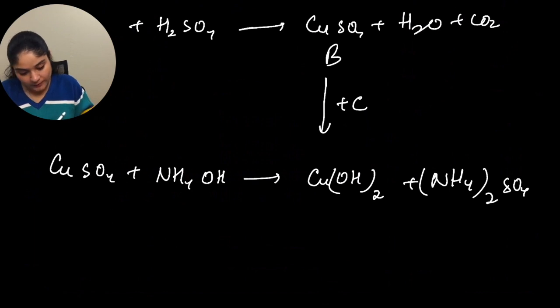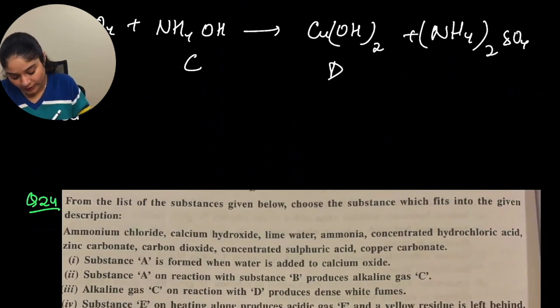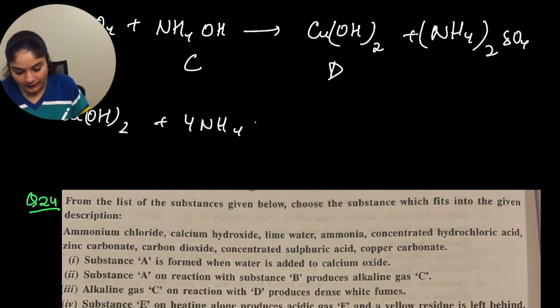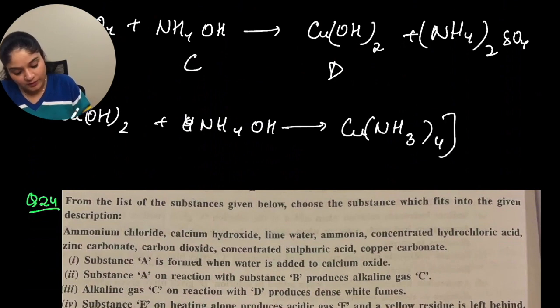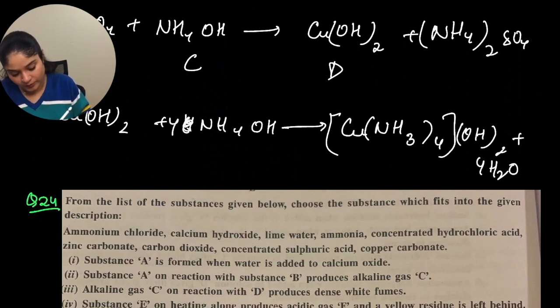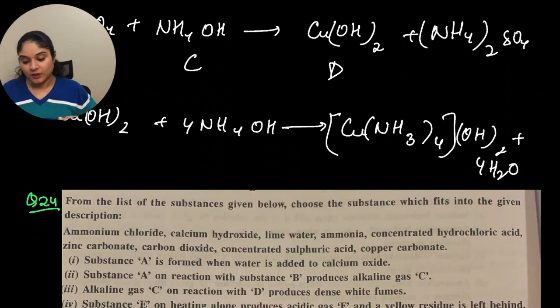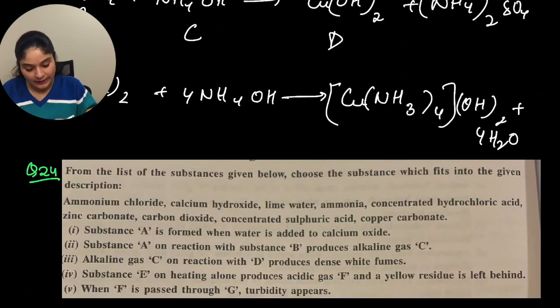So this is your B, this is your C and this is your D. Now what would happen in this case is in this D, that is Cu(OH)2 plus 4 NH4OH will give you [Cu(NH3)4](OH)2 plus 4 H2O. So 4 of each. So that's it. These are the equations involved, and this tetraamine, this is your E that we were talking about.